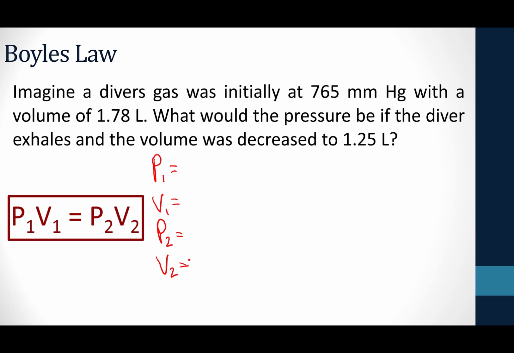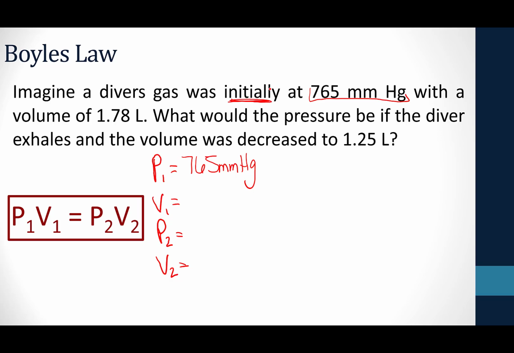Imagine a diver was initially at, so that "initially" tells me this is P1. 765 millimeters of mercury is a measurement for pressure. While we typically use atm, it's actually okay that we use millimeters of mercury here. Just know that our answer will be in millimeters of mercury when it spits out.